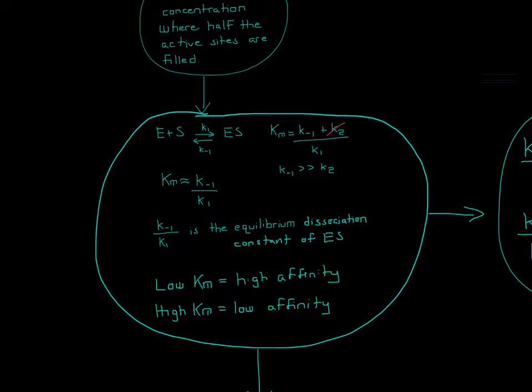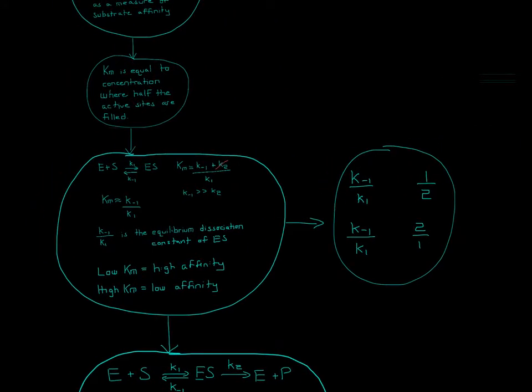And based on this, we can say that a low Km is high affinity and a high Km is low affinity. So why is that? Well, the forward reaction is K1, right? And so we want that one to be a lot larger. Because if that's a lot larger, that means that the reaction is pushing towards ES, and that means that the enzyme and substrate really want to stay in this position.